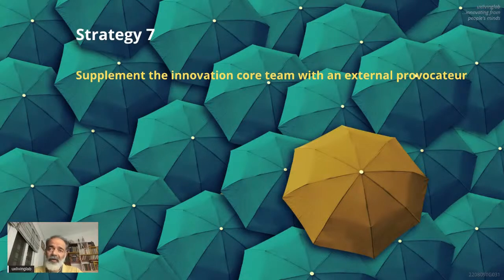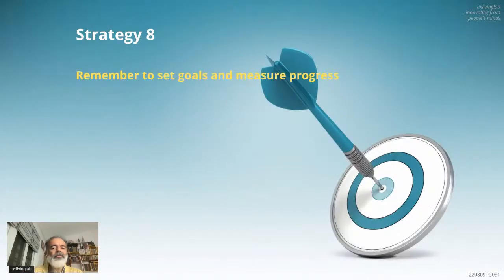The person has different experience. It will contribute well to the innovation. Sometimes or regularly you can invite different people, once in a while, and discuss with them. That's the seventh strategy.